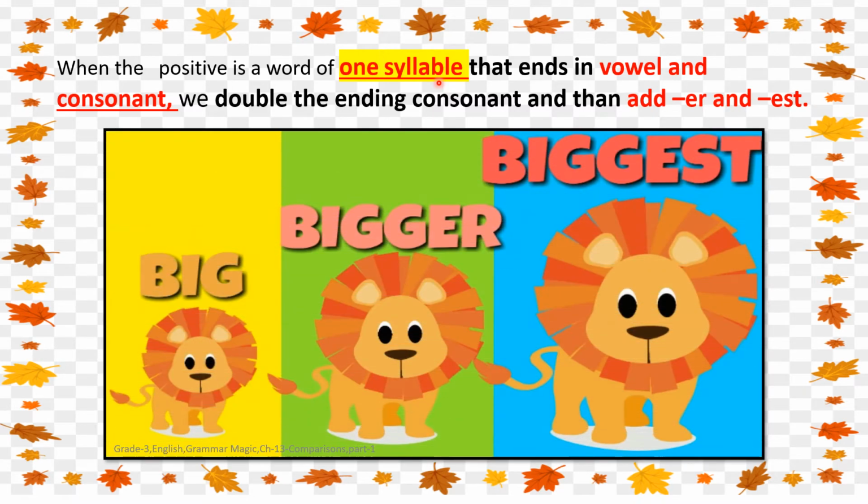When we pronounce big, for example, everyone try, children, our chin goes down. So it is said to be one syllable. So if any word has one syllable and ends in vowel and consonant, we double the ending consonant and add er for the comparative degree, and we add est for the superlative degree.